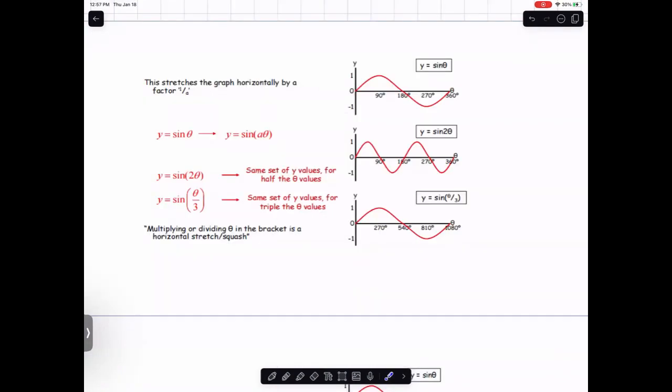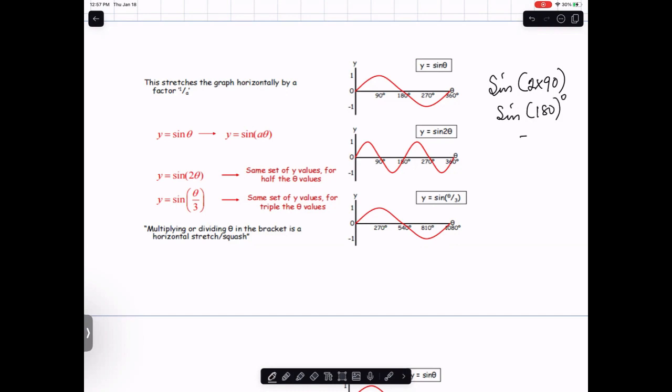We'll go to the second aspect of transformation of graphs. In this aspect, we have y equals sine 2 theta. If you have your value of theta, we are saying sine 2 multiplied by 90 degrees. So that gives us sine 180 degrees.